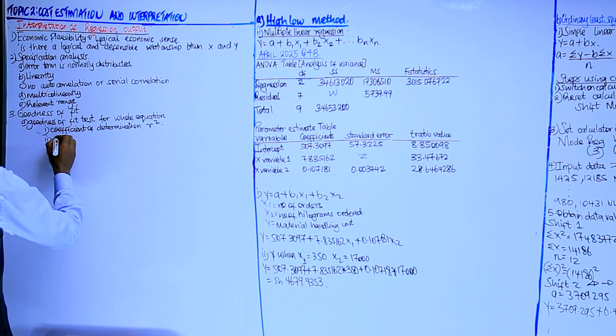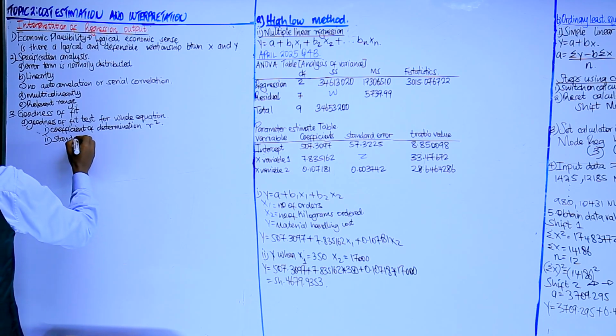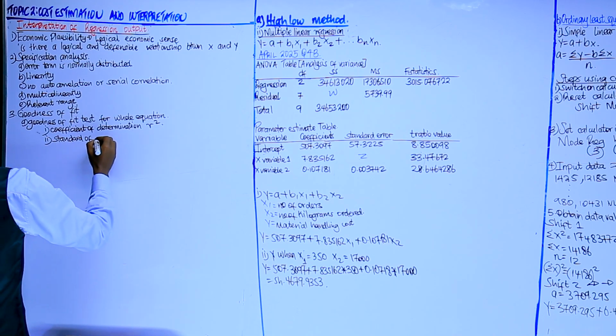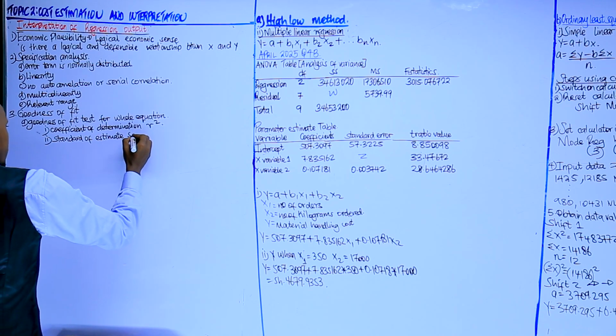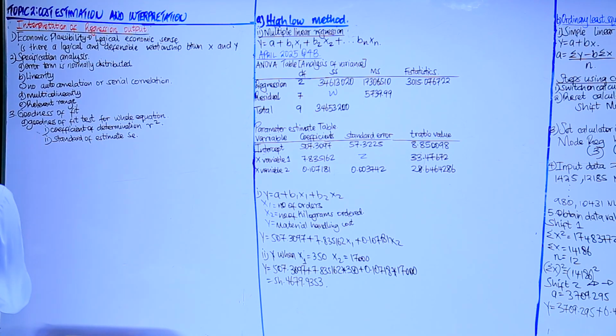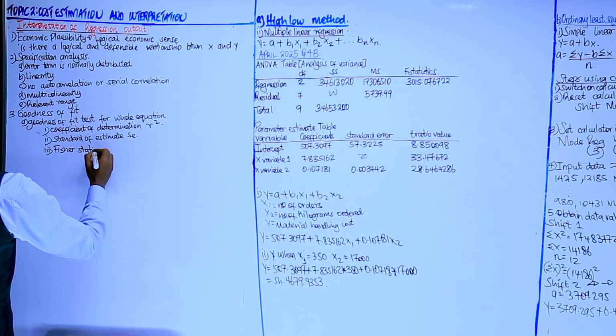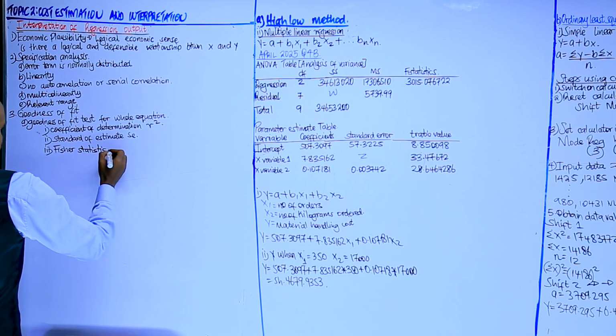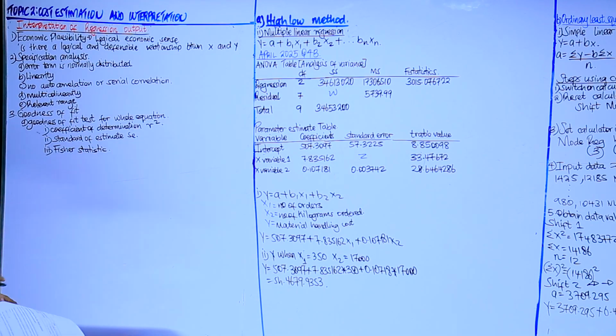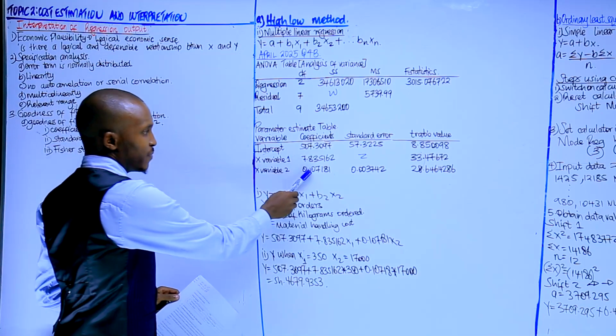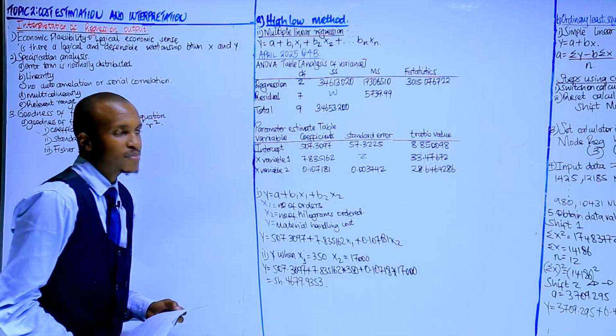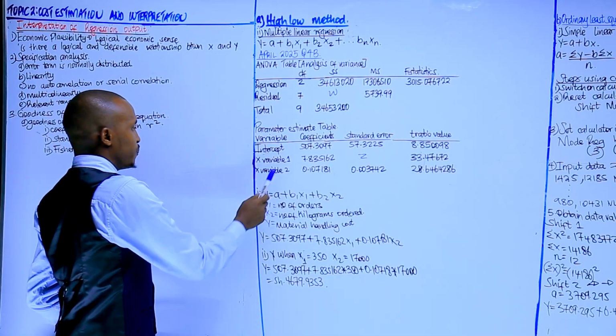Number two, standard error of estimate, which we simply denote as SE. Then the third one is the Fisher statistic. Let me highlight these items using this question here.